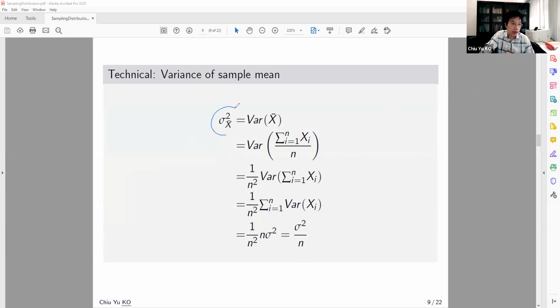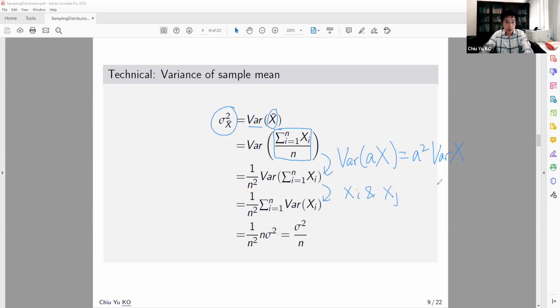So the variance of the sample mean, right, the variance of this is a definition. And this is summing all the observations over n, right? And here to here is variance of aX is a square variance of X. And from this to this is because Xi and Xj are independent.